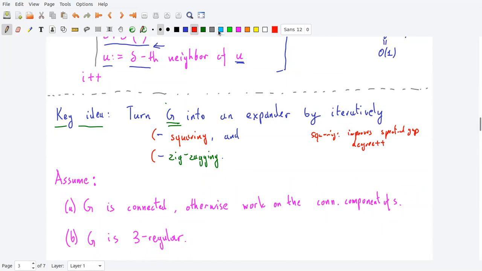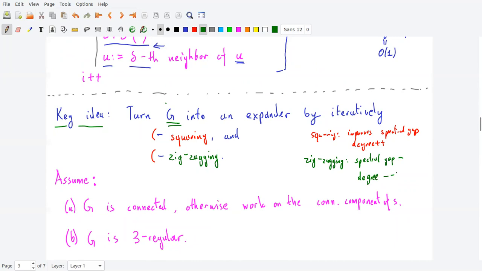The zigzagging operation was somehow complementary to it, namely the spectral gap goes a little bit down, but the degree is getting very much down, up to a constant value.